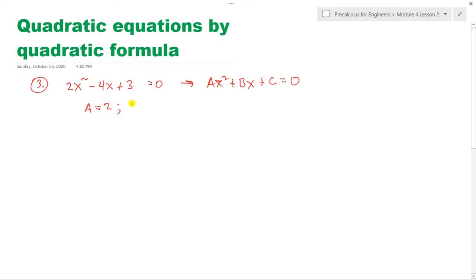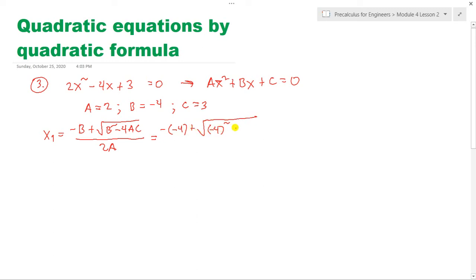Then the coefficient of the middle term is negative 4, and the constant is equal to 3. Then for the first root, use again the formula, negative b plus square root of b squared minus 4ac all over 2a. Our b is negative 4, so we have negative times negative 4 plus square root of negative 4 squared minus 4 times a is 2, our c is 3, all over 2 times 2.